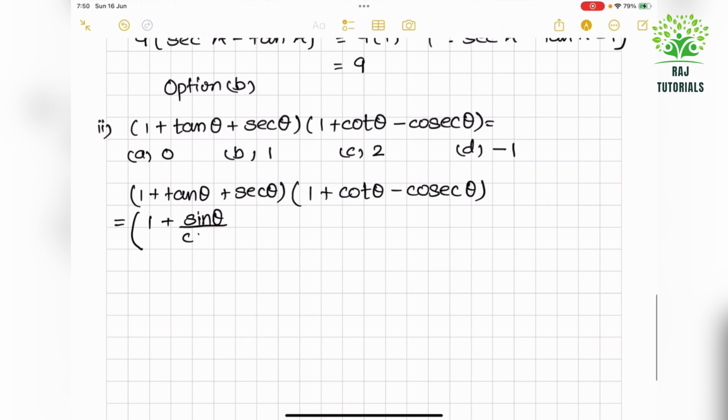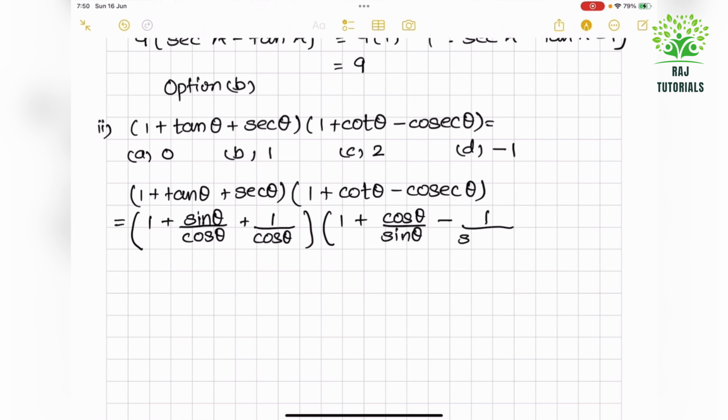Now second one says 1 plus tan theta plus sec theta into 1 plus cot theta minus cosec theta. So first I am converting everything into sine and cos. So tan theta will be sine theta upon cos theta. Sec theta will be 1 upon cos theta. Now cot theta will be cos theta upon sine theta minus cosec will be 1 upon sine theta.